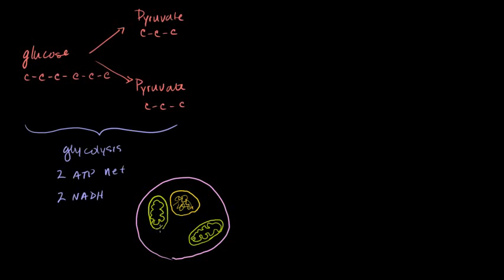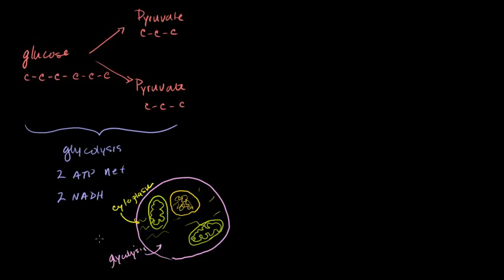You kind of view organelles as parts of the cell that do specific things, kind of like organs do specific things within our own bodies. So between all of the organelles, you have just this fluid of the cell, and that's called the cytoplasm. And that's where glycolysis occurs. So glycolysis occurs in the cytoplasm.